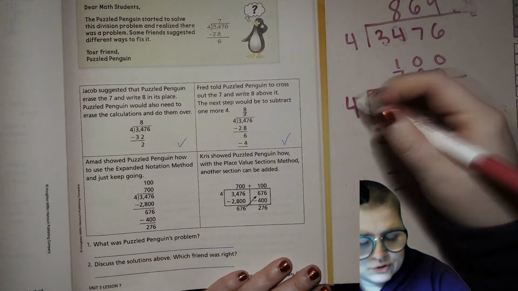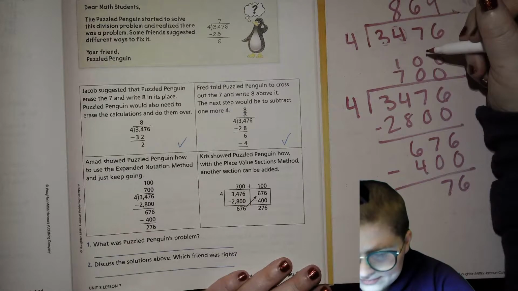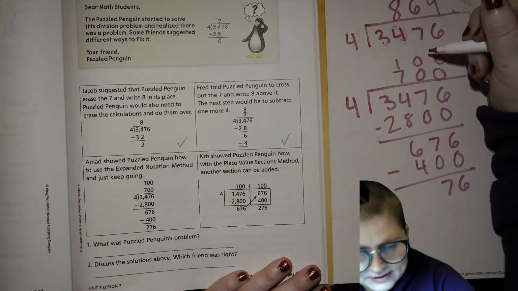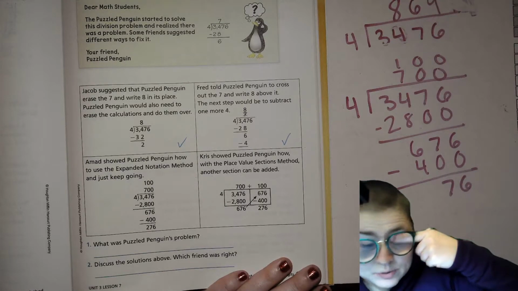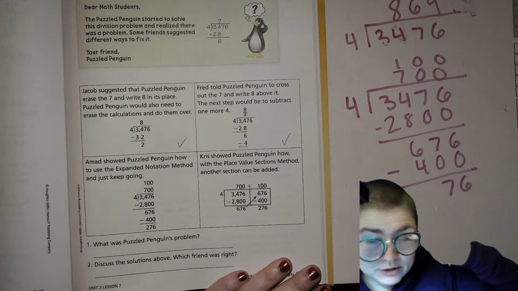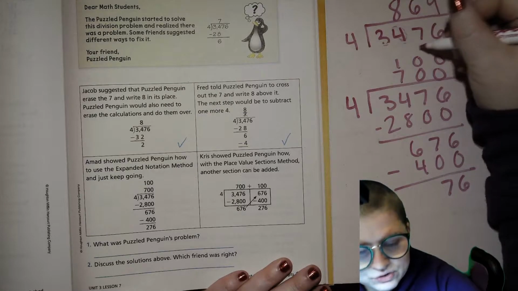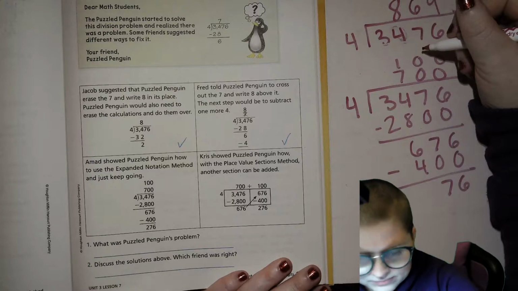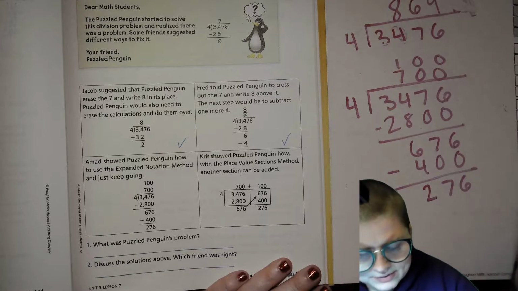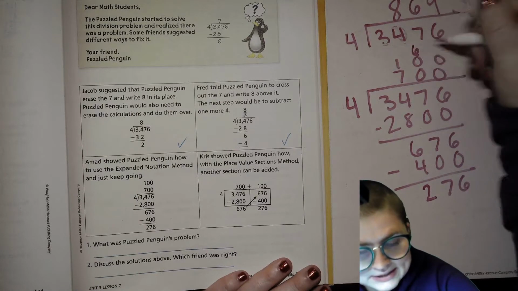And then he would do 4 times what gets you close to but not over 70. If you do, oh, sorry, 200. There we go. I was like, wait, what happened? 276. So 27, then you'd have your 6 10s, right?